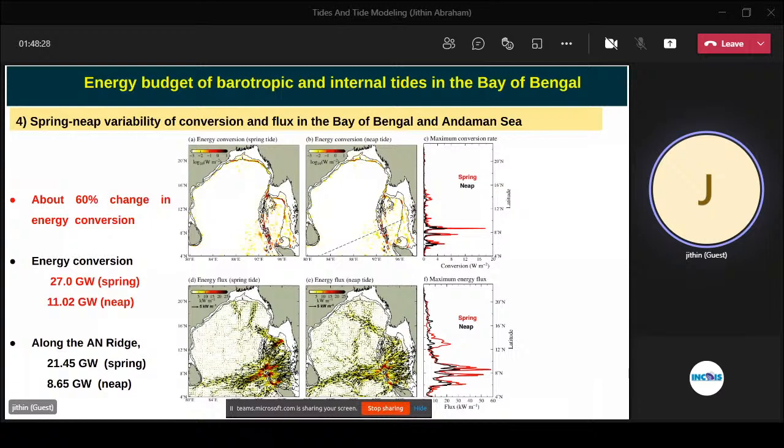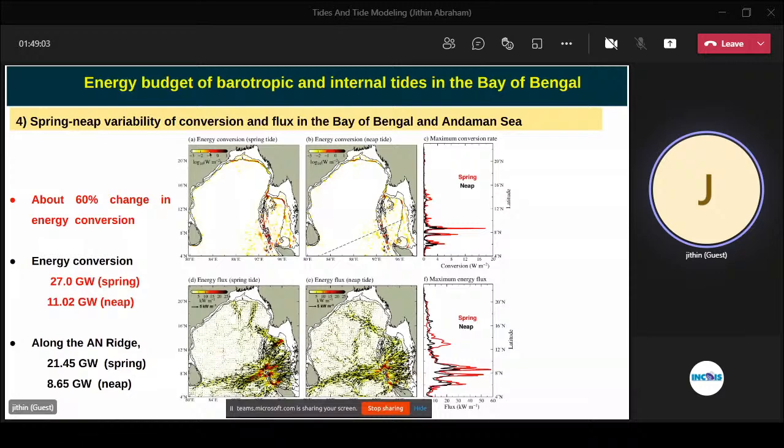So the internal tides generated here at the Andaman take about 5 to 7 days to reach the east coast of India. What we observed is that most of the internal tides coming from the Andaman arrive 5 to 7 days later, and this coincides with the neap phase of the barotropic tides.